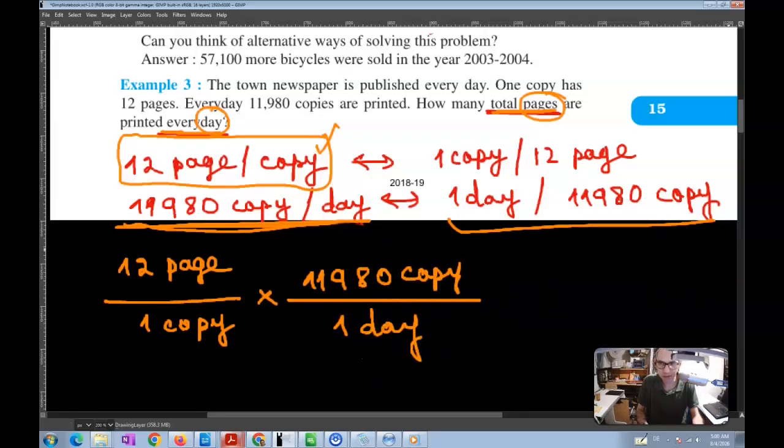Now you can see that you have the unit copy in the numerator and the denominator. You can cancel them out. And so now what remains is 12 times this number, and then you have the page and you have the day, right?